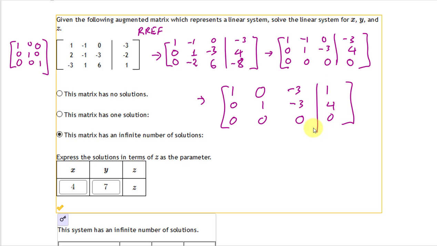Okay, and then lastly, I think we are ready to write a solution. Now, because you see that the last row all disappear, it's telling you that we have nothing for the last row, which is 0x plus 0.